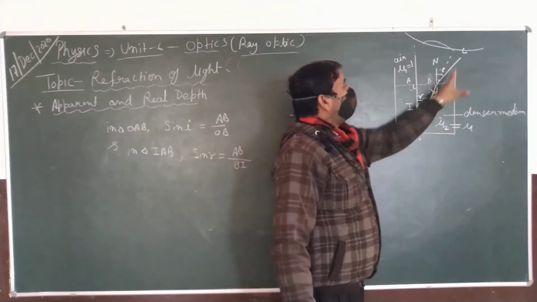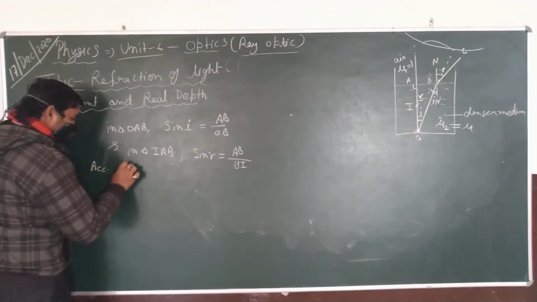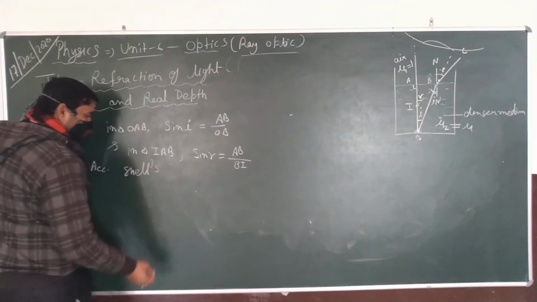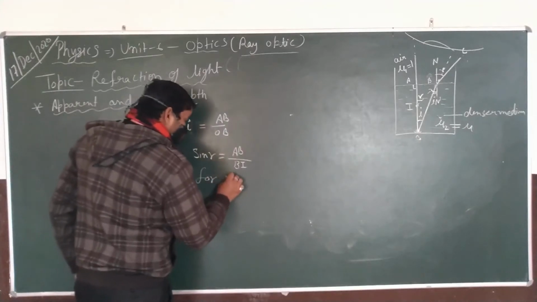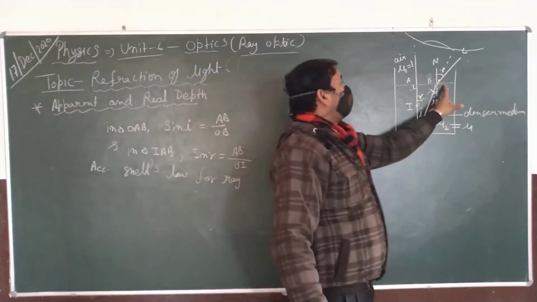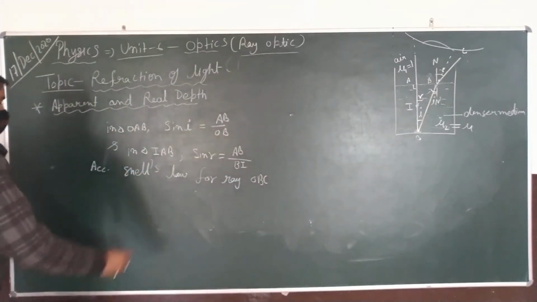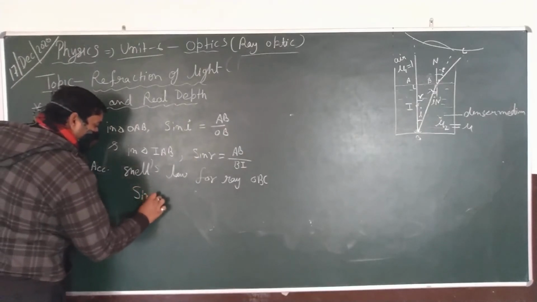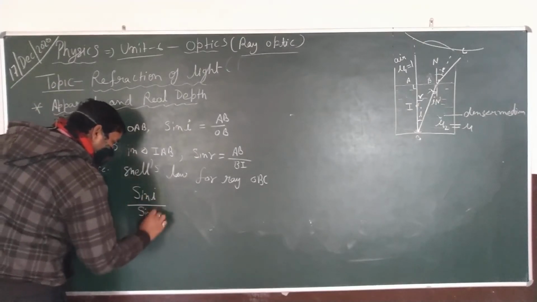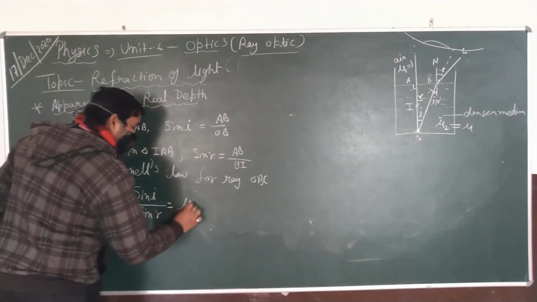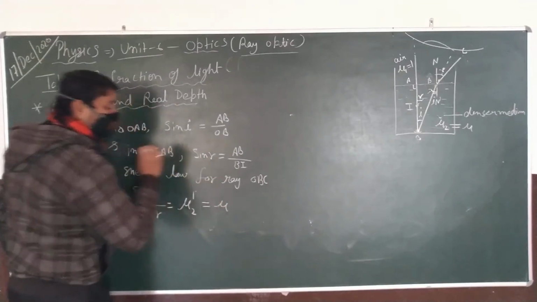Now, according to the law of refraction, according to Snell's law for ray OBC, the ratio of the sine of the angle of incidence and the sine of the angle of refraction is equal to the refractive index of the second medium with respect to the first, that is equal to mu.